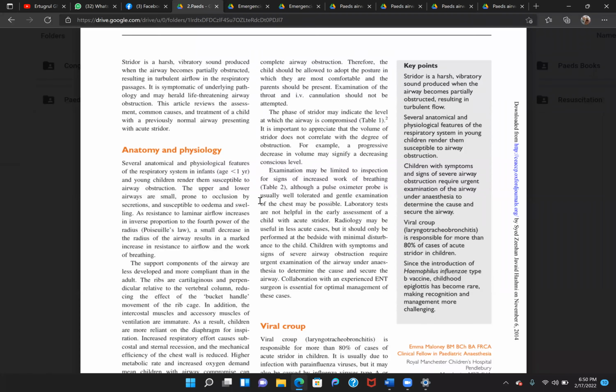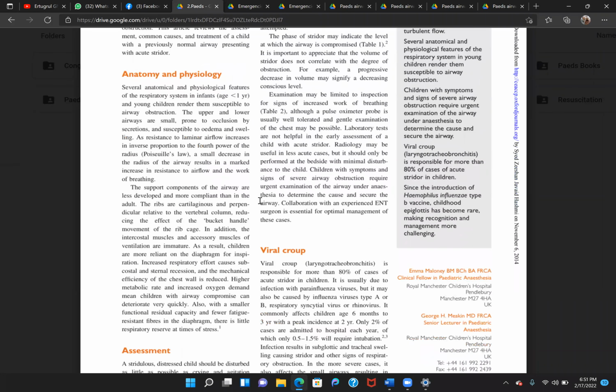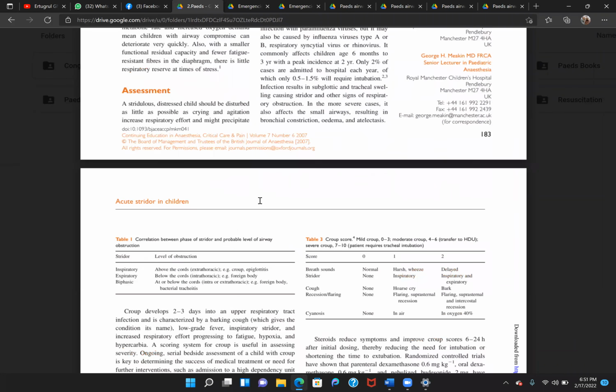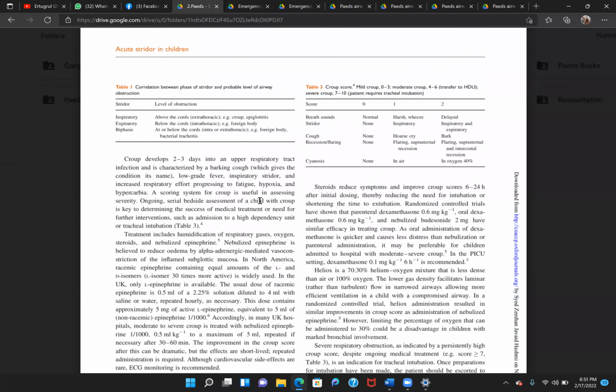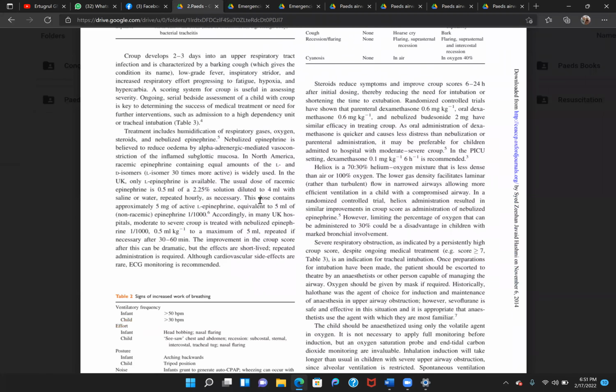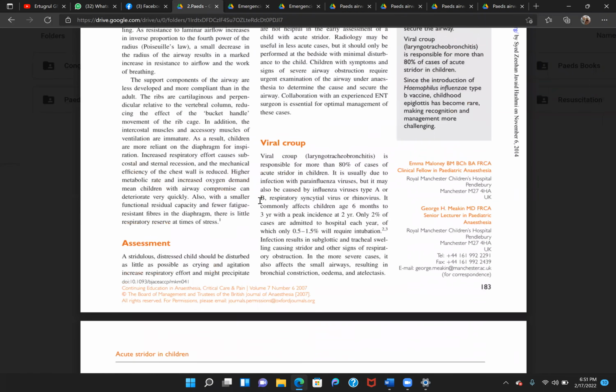In that list, other than infective and foreign body, there is the differential diagnosis between acute epiglottitis and laryngotracheobronchitis, which is called viral croup. Usually some of the features will be alike.